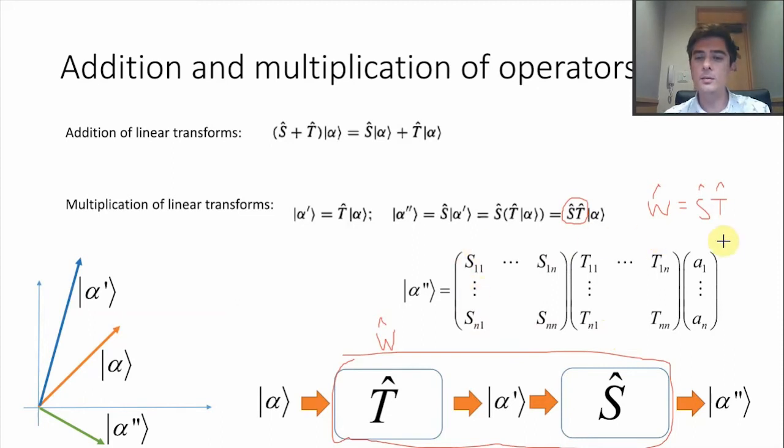So the application of T and then S is written as just one giant matrix equation like this. You can imagine that you can repeat this for many, many operators, a chain of operators applying successively on the output of one.